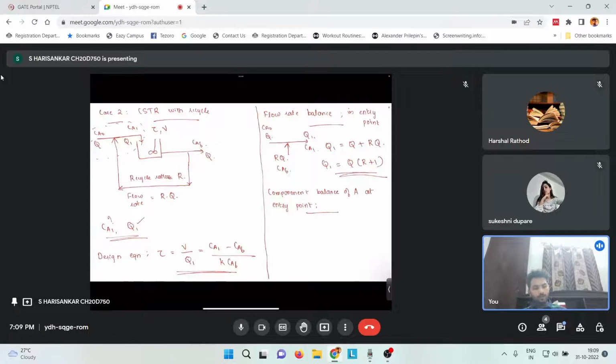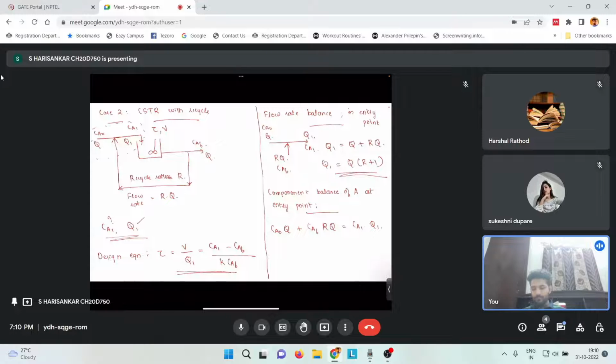If we write the component balance, CA0 into Q plus CAF into RQ is equal to CA1 into Q1. So basically this is just an in minus out is equal to 0 kind of balance.